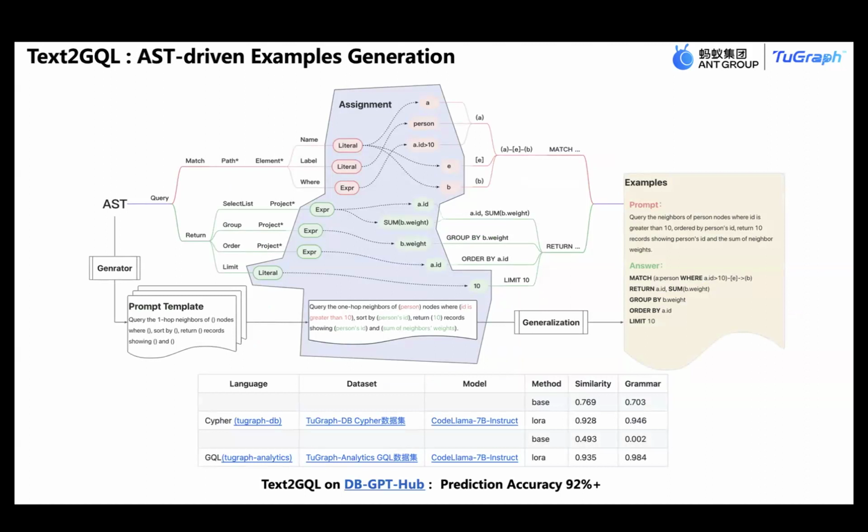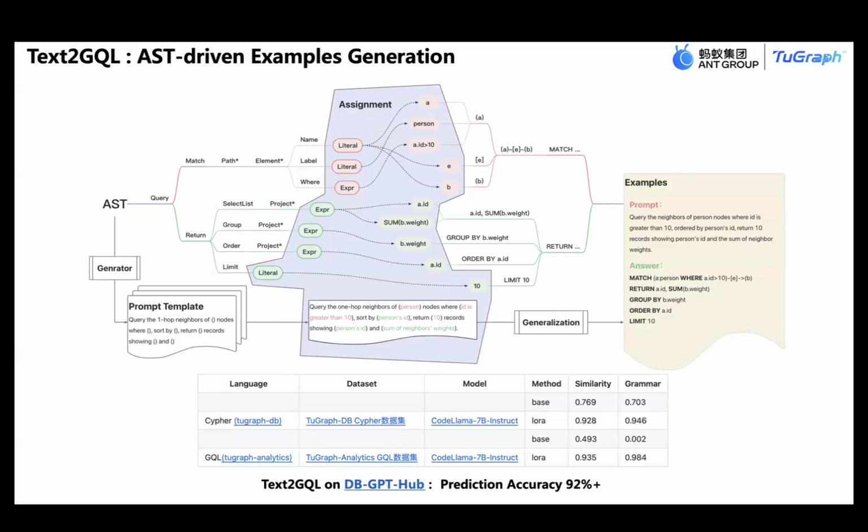So we proposed an AST-driven example generation. The main idea is to construct the AST of a GQL statement, and we give random values to assign the leaf nodes in the AST and generate the answer statement, like a match return and so on.